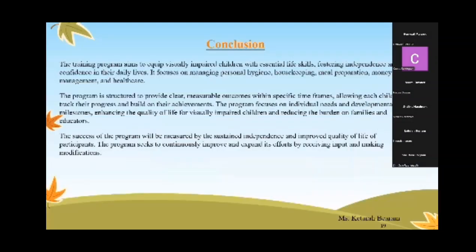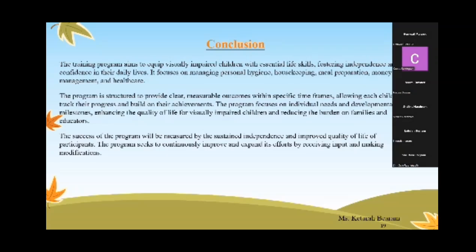Conclusion. The training program aims to equip visually impaired children with the essential life skills, fostering independence and confidence in their daily life. It focuses on managing personal hygiene, housekeeping, meal preparation, money management, and health care.